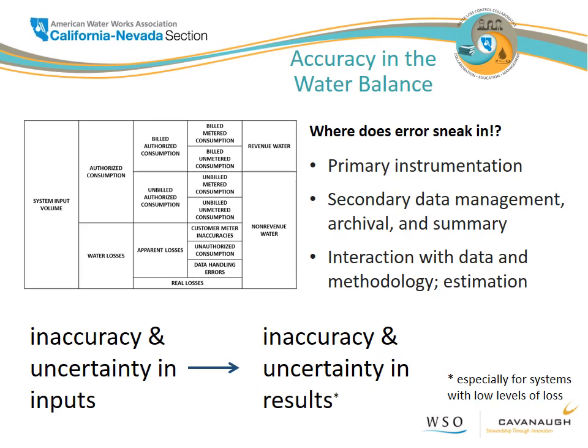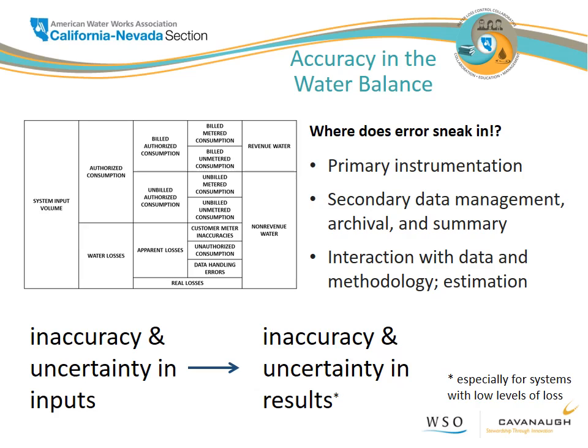We have to recognize that we rely on instruments in many cases to measure supply, to measure our customers' consumption volume, and those instruments by nature are not perfect, and they can, for many reasons which we will get into, produce information that's not accurate to begin with. Secondarily, we have data management systems where the data coming from those instruments goes and lives as archive.